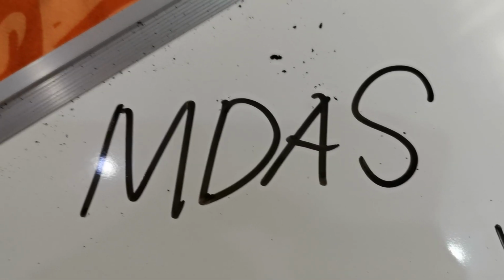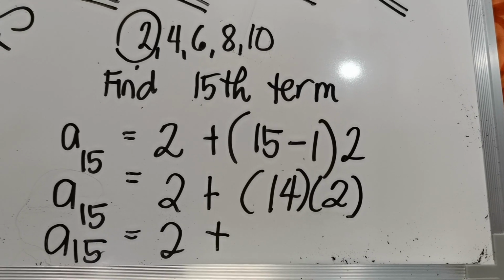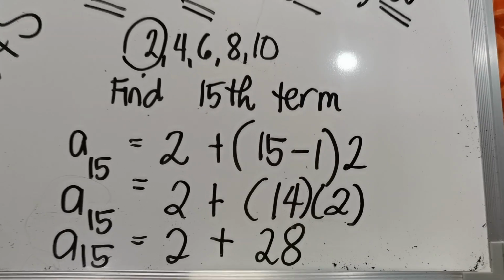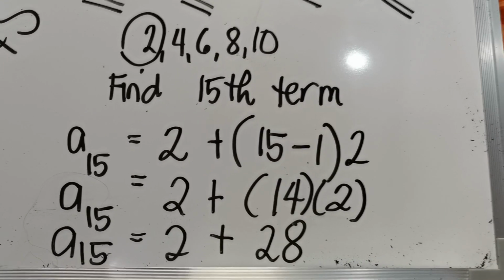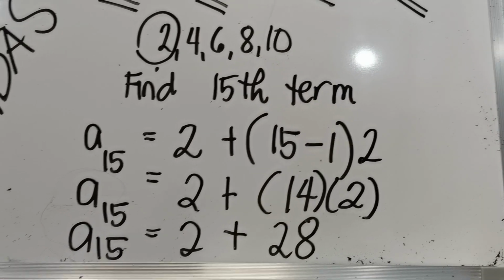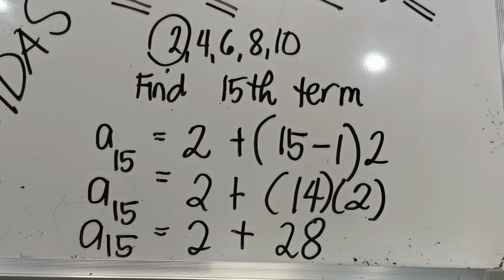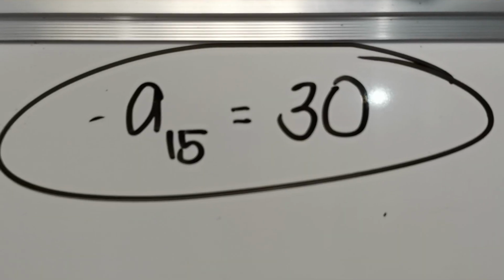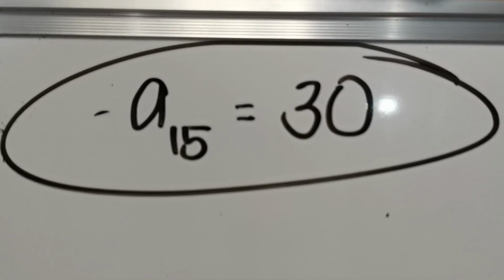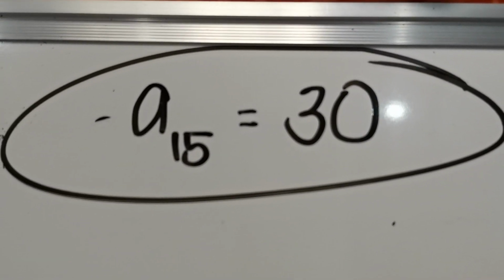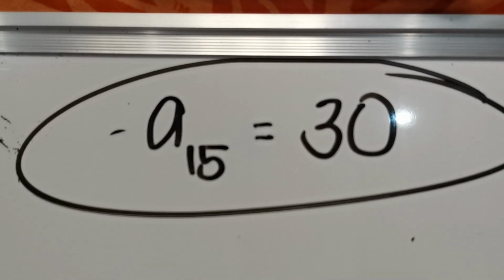So, 2 times 14 is 28. And then, you may now proceed with addition from left to right. So, 2 plus 28, a sub 15 is 30. So, there you have it. Naintindihan ba?